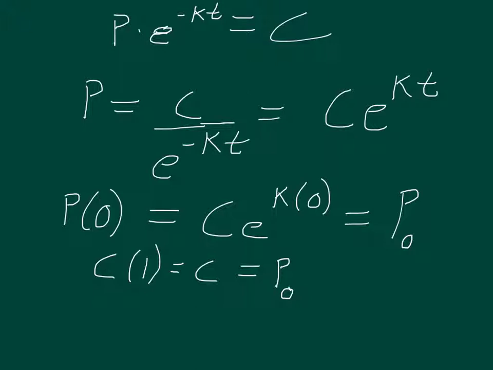And so if we move on slightly further, we can see the full equation. We can say that the population, a time-dependent function, is equal to the initial population multiplied by e to the kt. And so this is very much what we had previously.